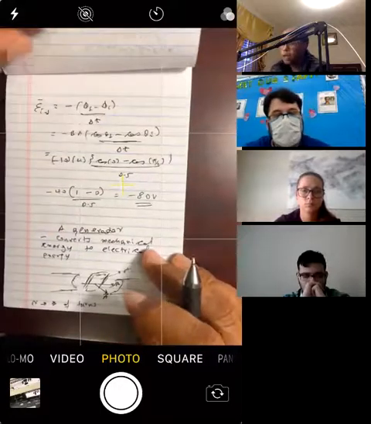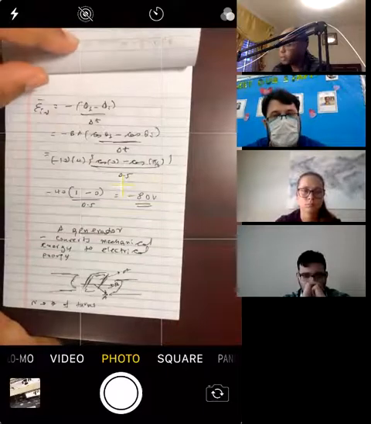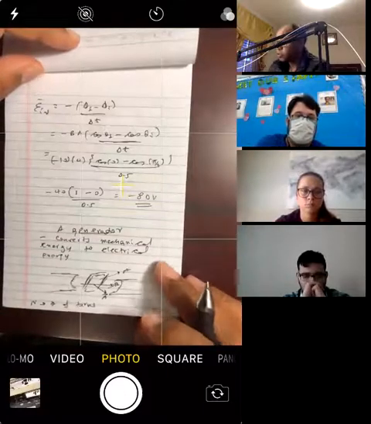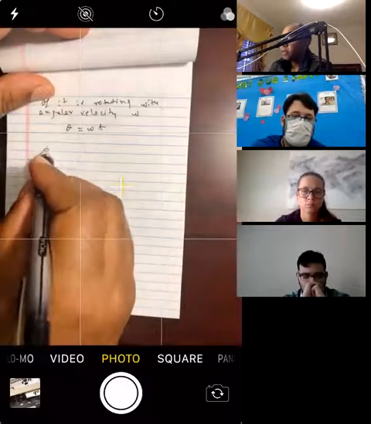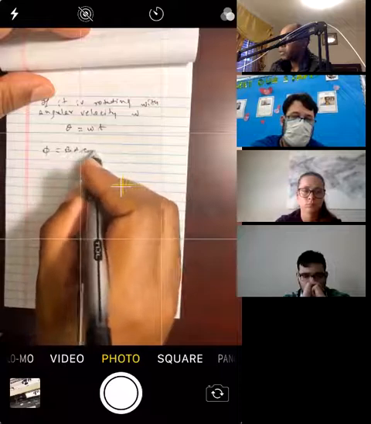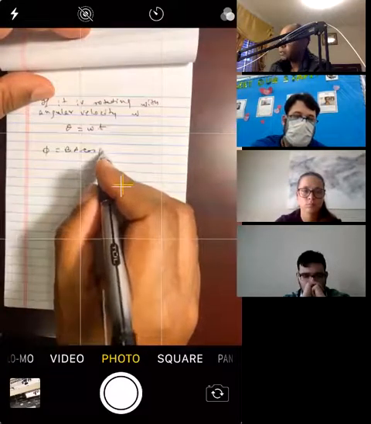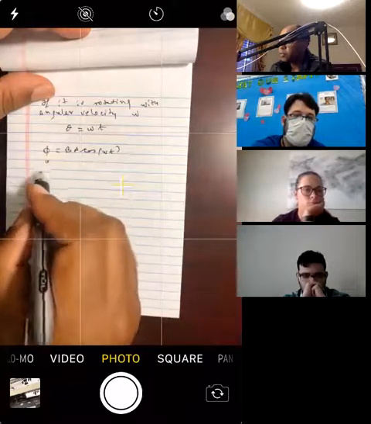So in this case, you see the flux is changing constantly. So we're looking at instantaneous voltage, so we're going to take the derivative. First, let's obtain the flux. The flux is B times A times cosine of theta, which is now omega t. This is flux per turn.